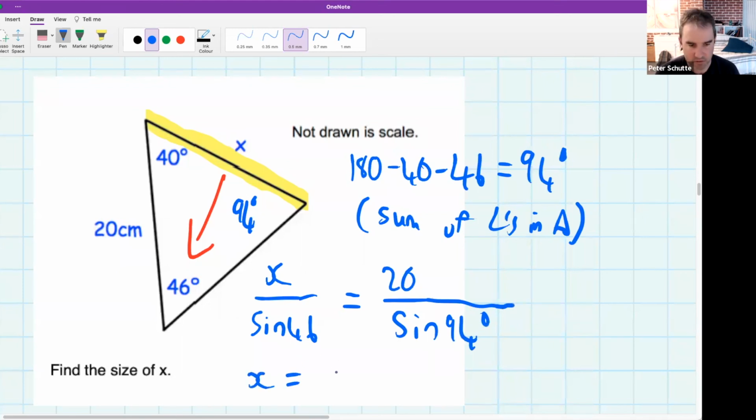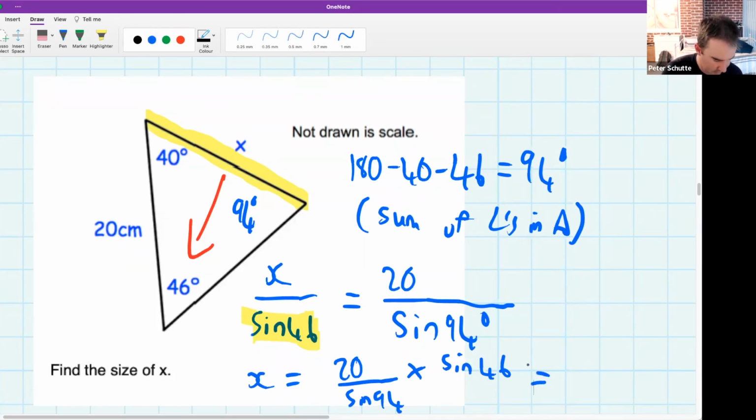And then the final answer should be bringing this, basically dealing with the sine of 46 here. If I multiply both sides by sine 46, I should then get 20 over sine 94, and then times the sine of 46.